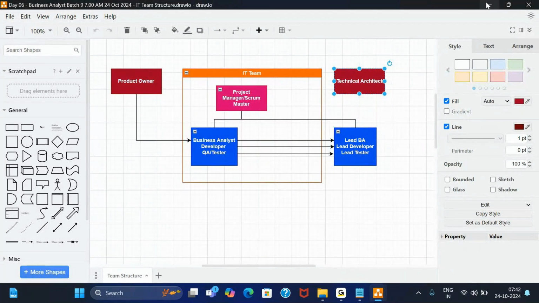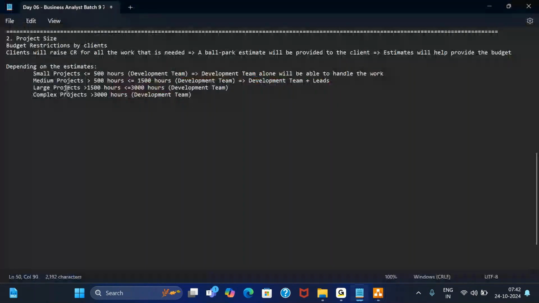Okay, so that way, when I see a medium scale project, probably I know that it's still not that complicated. So maybe as a BA, I will be reaching out to the technical lead for running those technical conversations or checking the technical feasibilities.